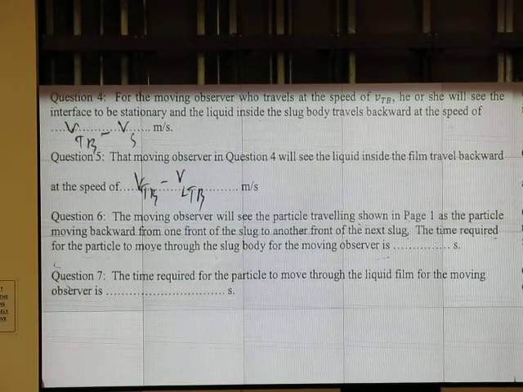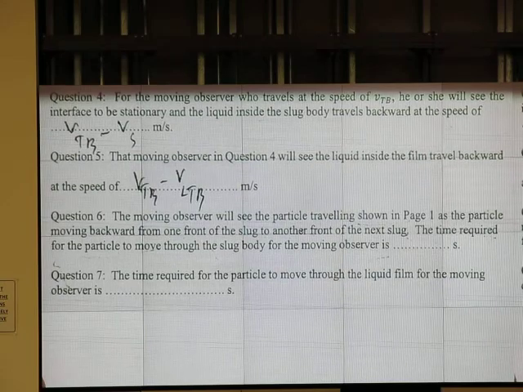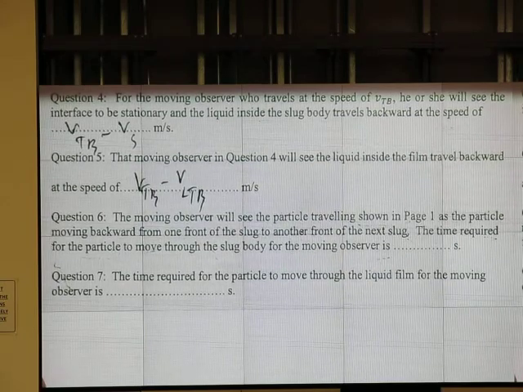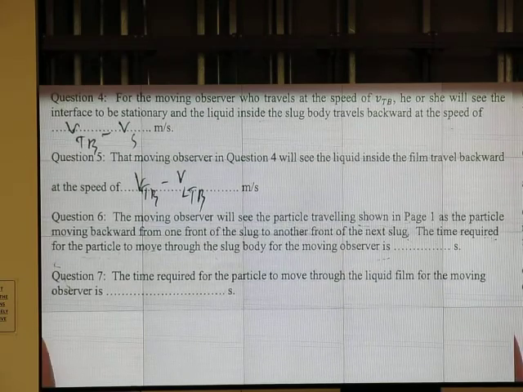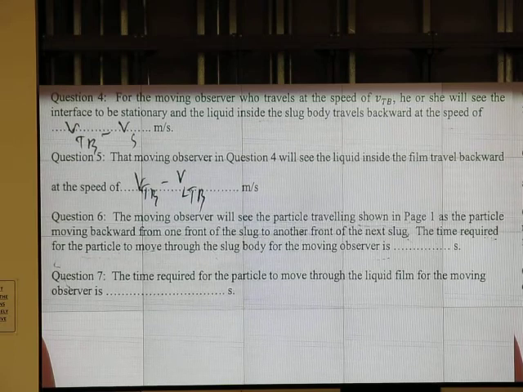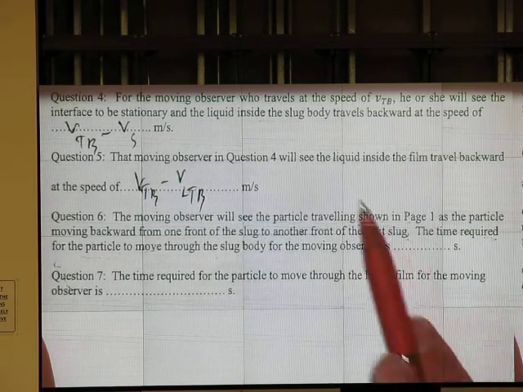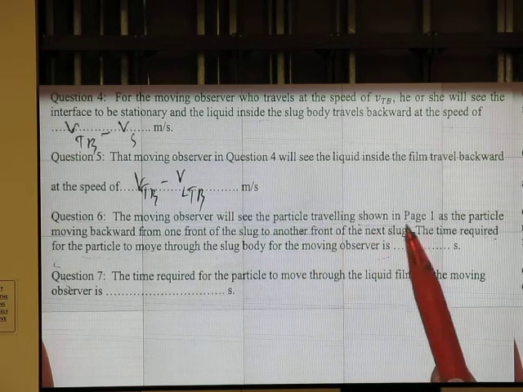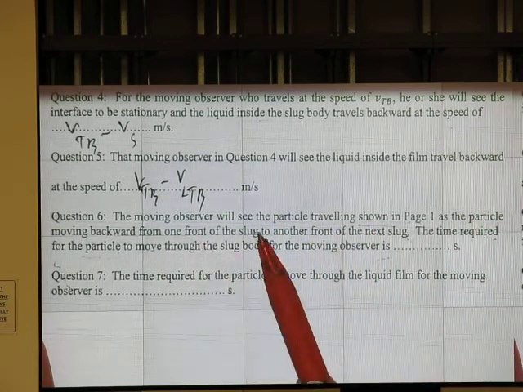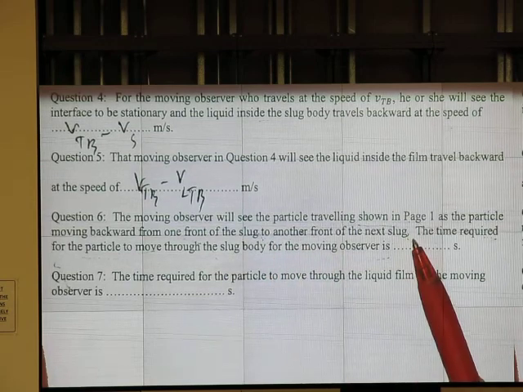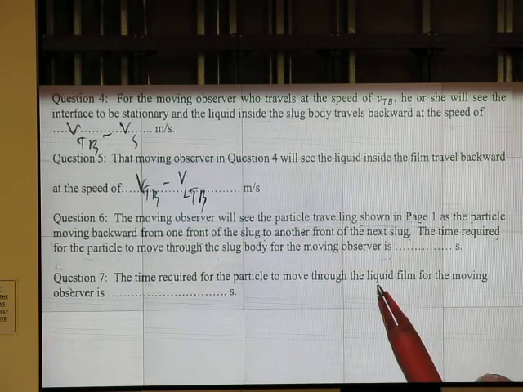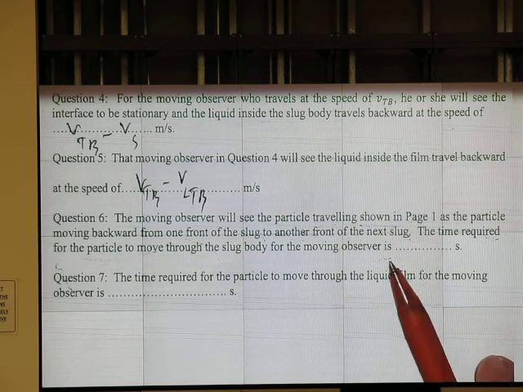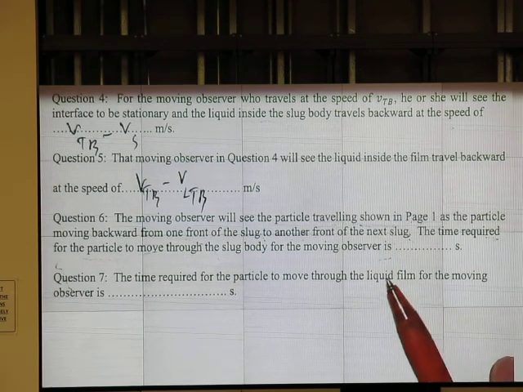Is it going to be length divided by speed, right? Length divided by speed is time. So the length that it travels for the moving observer is Ls, isn't it? The moving observer will see the particle travel from one front of the slug to another front of the slug. So the moving observer sees the front to be stationary and it looks as if the particle moved backward, right?